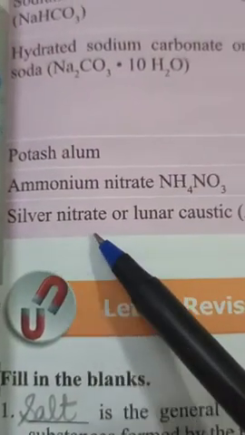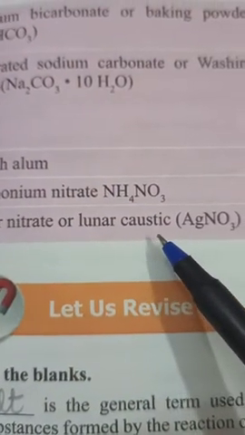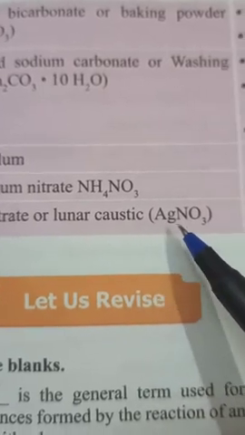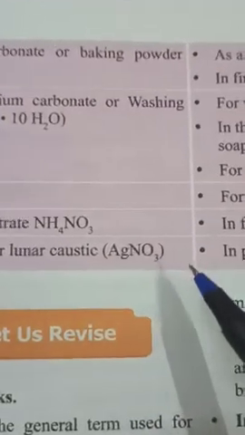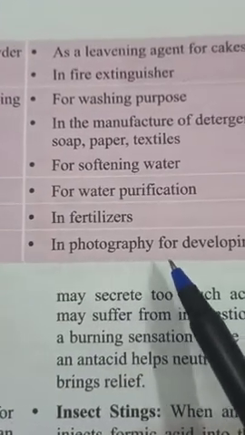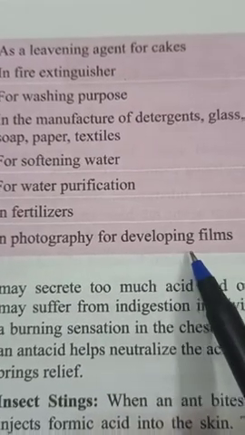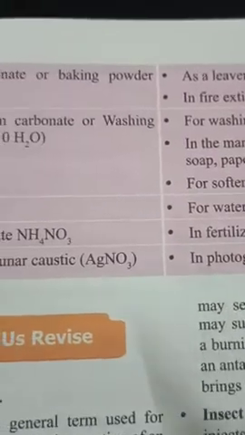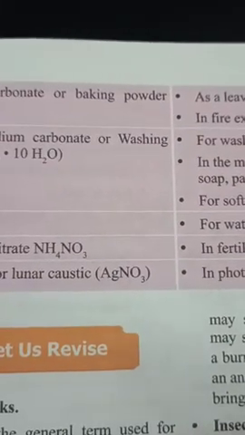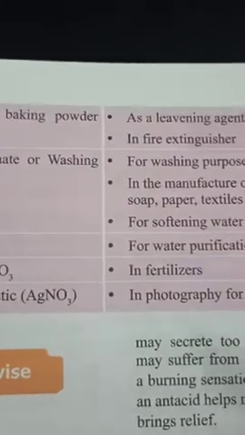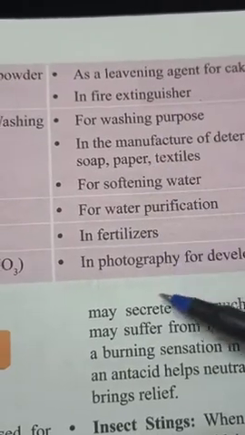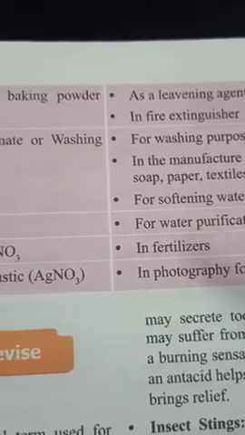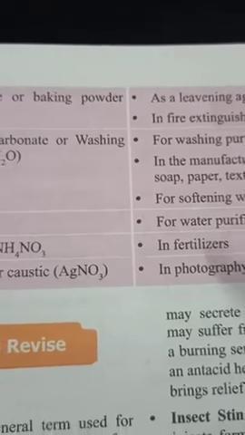Next is silver nitrate or lunar caustic, AgNO3. It is used in photography for developing films. Okay, so children, these are the names of the salts and their uses and functions in various fields.